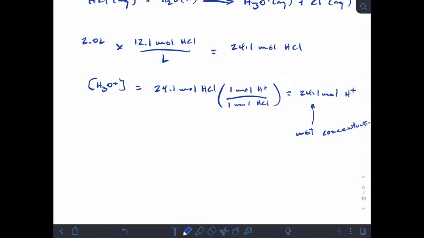In order to calculate pH, we need concentration, not just moles. So I've got 24.1 moles of H+ in a 20,000 liter pond. So I get a concentration of 1.2 times 10 to the minus 3 molar.